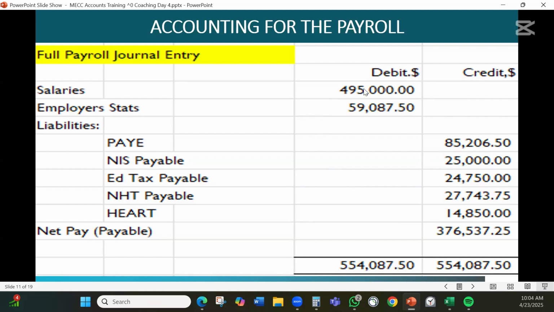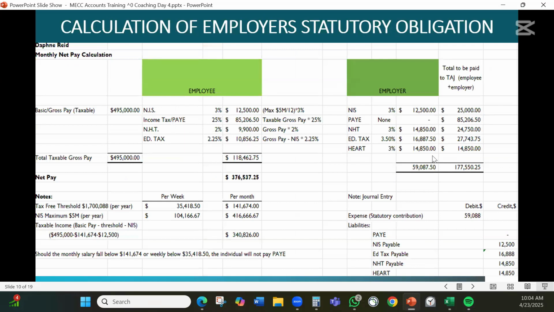Your contract would have stated that this person earns $495,000 gross. That is what you're entering here, and that's an expense. And then you're also recording the amount that the employer would pay, which is what we had looked at before, here. We record these as an expense.